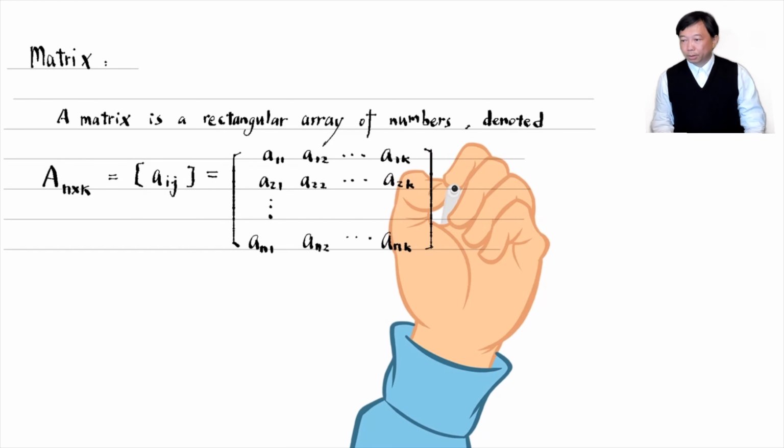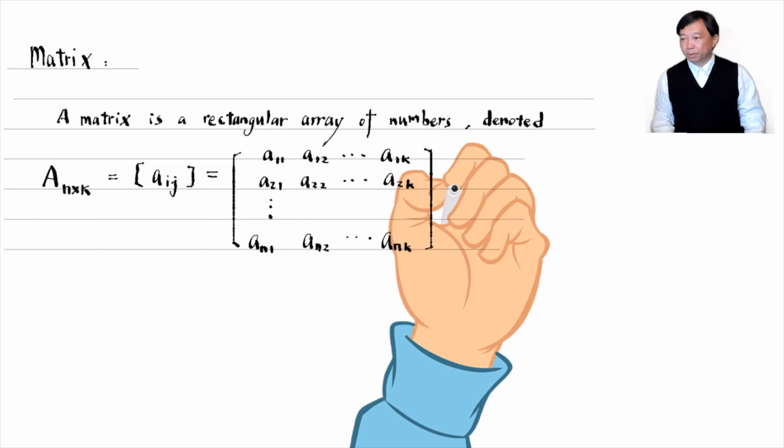The elements in the first row are A11 to A1k. The first subscript denotes the row and the second subscript denotes the column. For example, A11 is the element in the first row and the first column. The element A2k is in the second row and the k-th column.